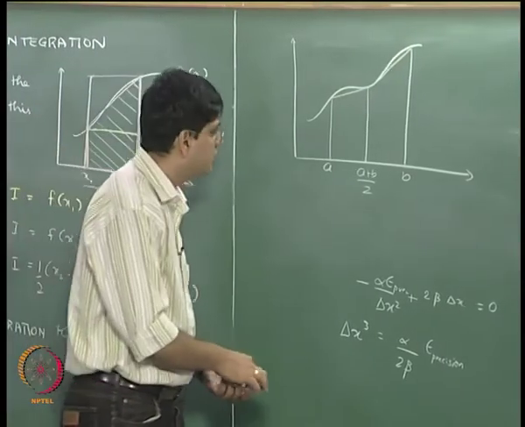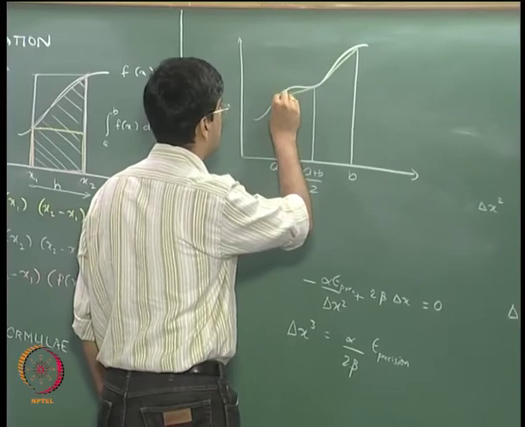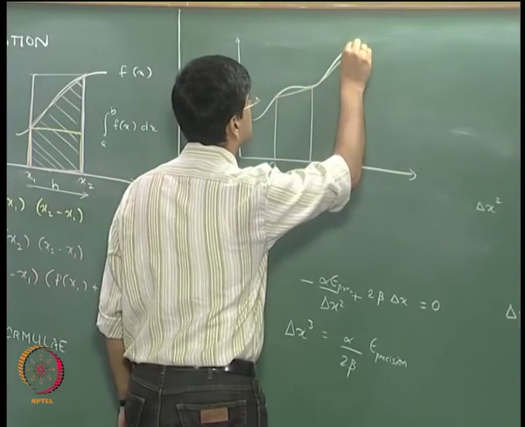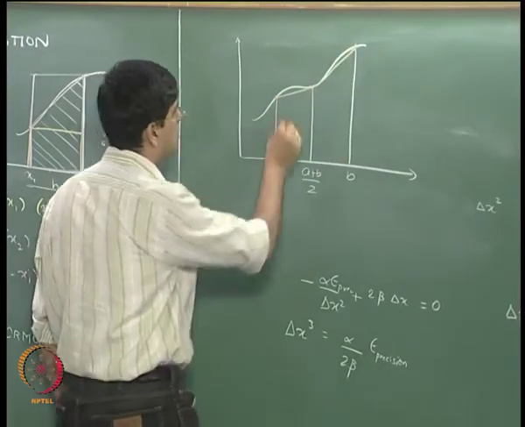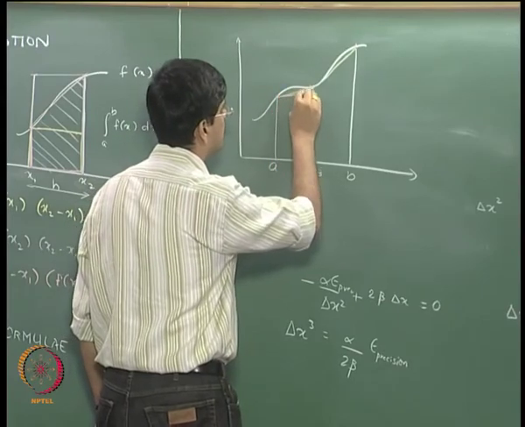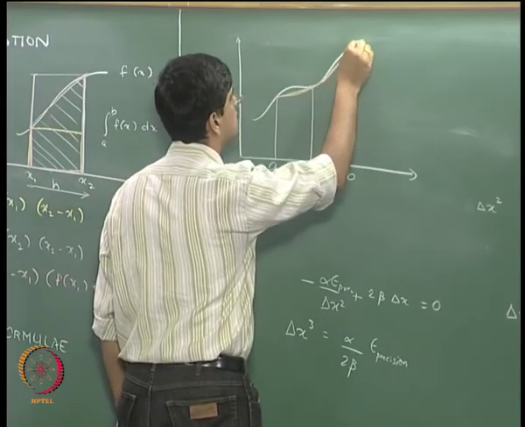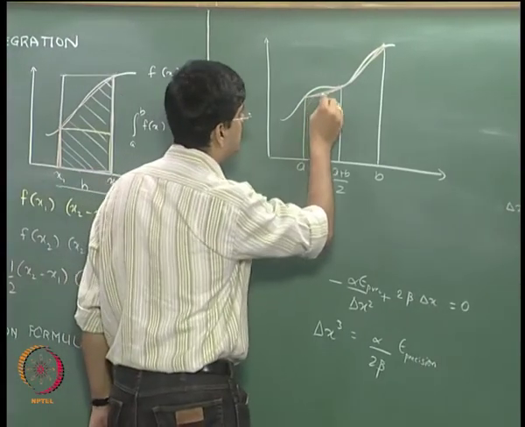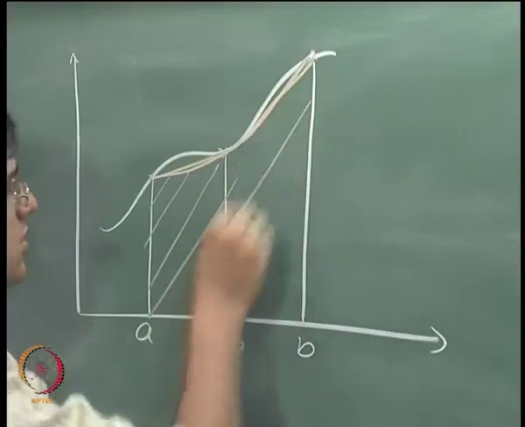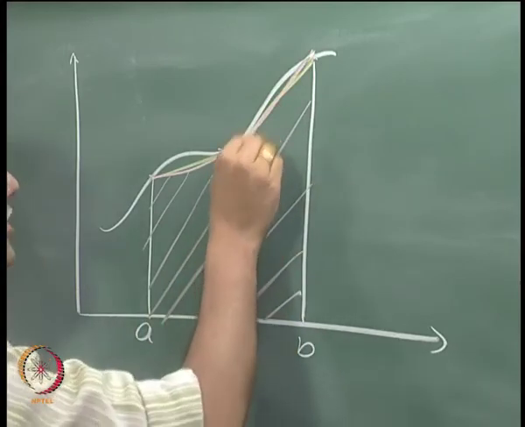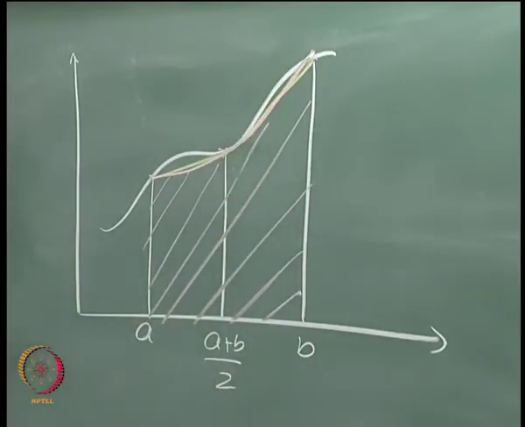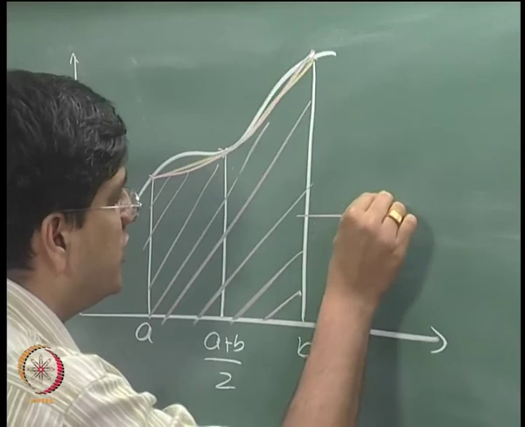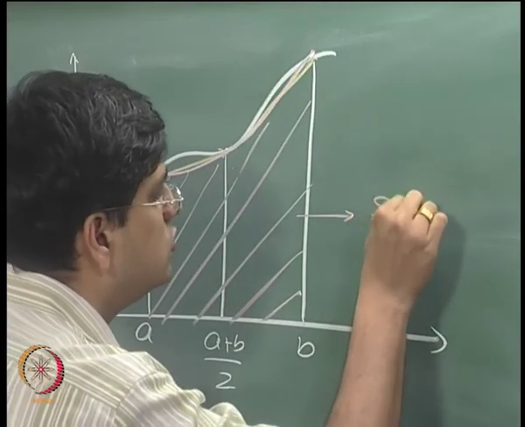The other alternative is to connect these 3 points with a second order polynomial curve, and that second order polynomial curve is probably going to look like this, and so the area under the red curve can be obtained as a better approximation of the true area, and this particular red curve will be known as Simpson's 1/3 rule.